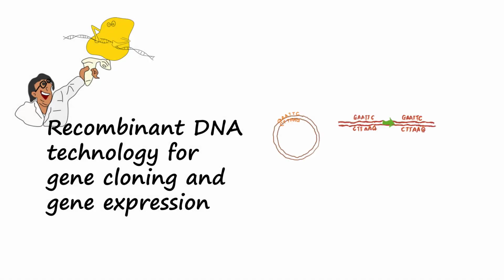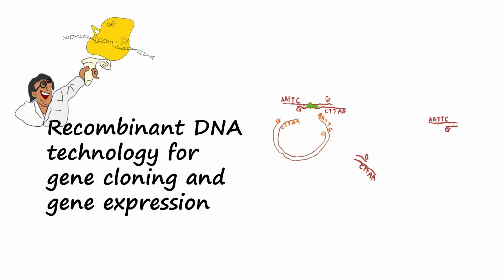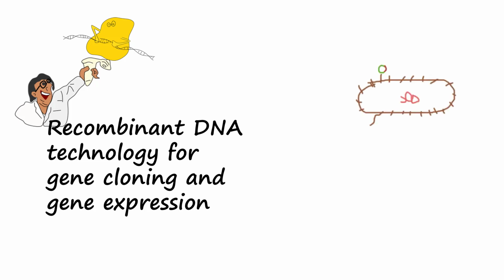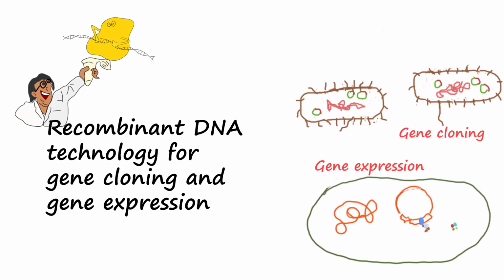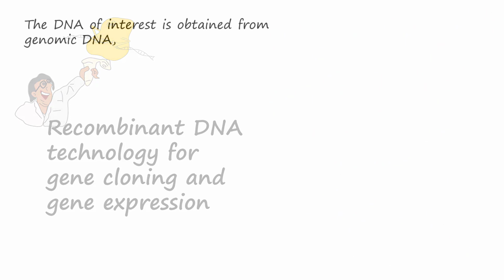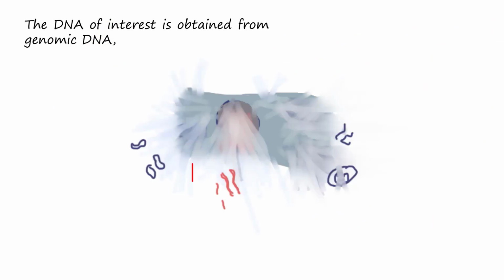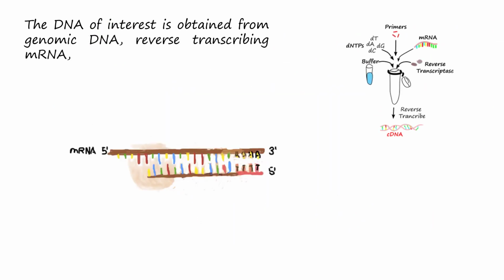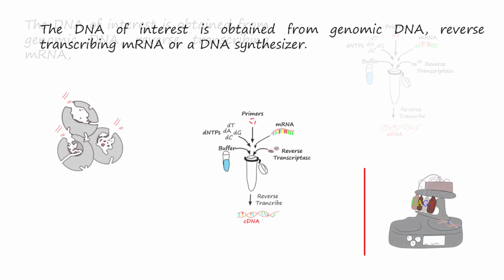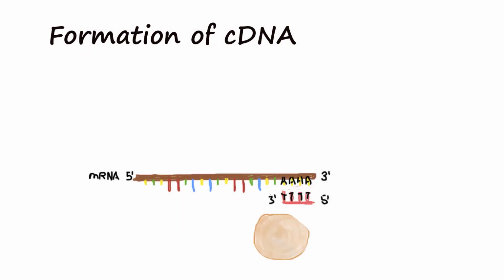Recombinant DNA technology can be used to combine DNA from different sources for DNA cloning or expressing proteins not found in that cell. The DNA of interest is obtained from genomic DNA, reverse transcribing mRNA, or a DNA synthesizer.